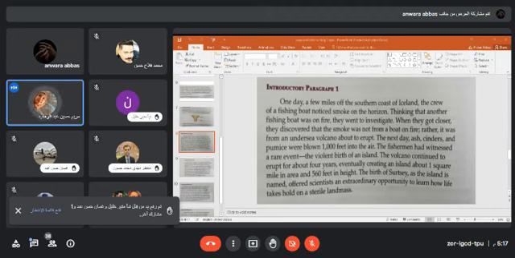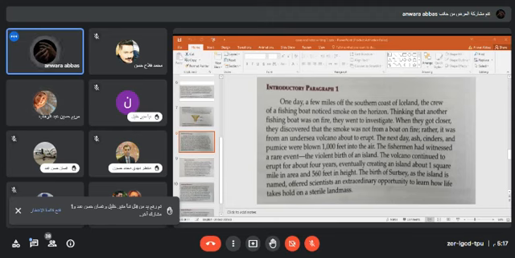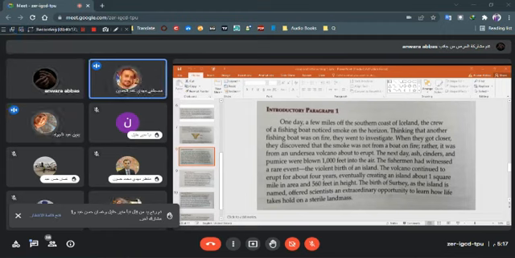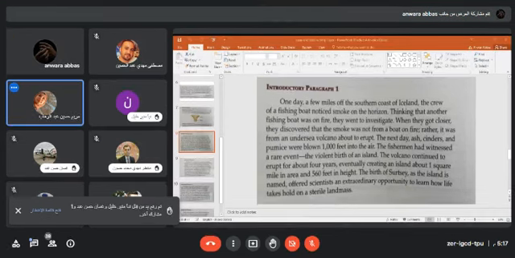The fishermen had witnessed a rare event: the violent birth of an island. Volcano. Do you know what volcano means? Generally asking. Volcano, بركان, the volcano. Good, well done. Yes, Mariam, continue please.